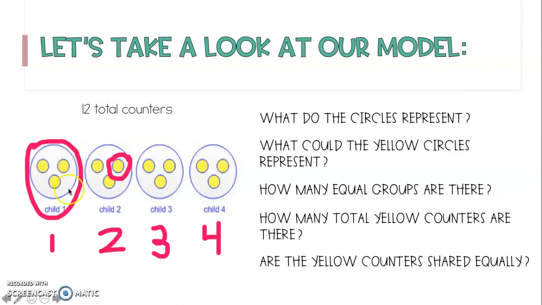So yes, I have 3 in my first group, 3 in my second group, 3 in my third group, and 3 in my fourth group. So now that I have analyzed my model, I have decided that each group is a child and each yellow counter represents a brownie. So I'm going to use that information as I write my story problem.